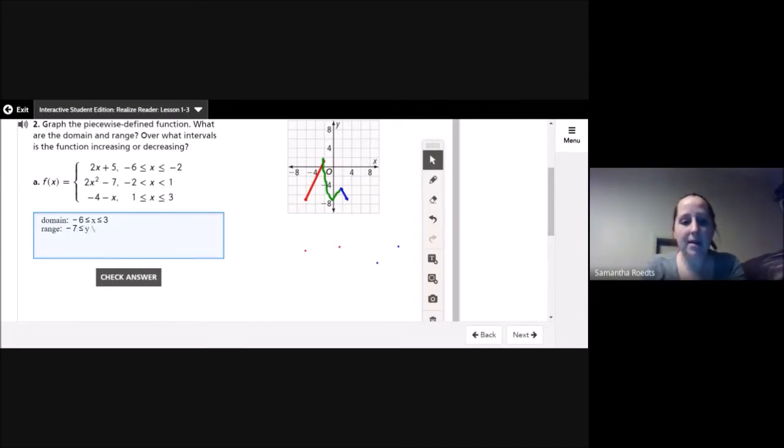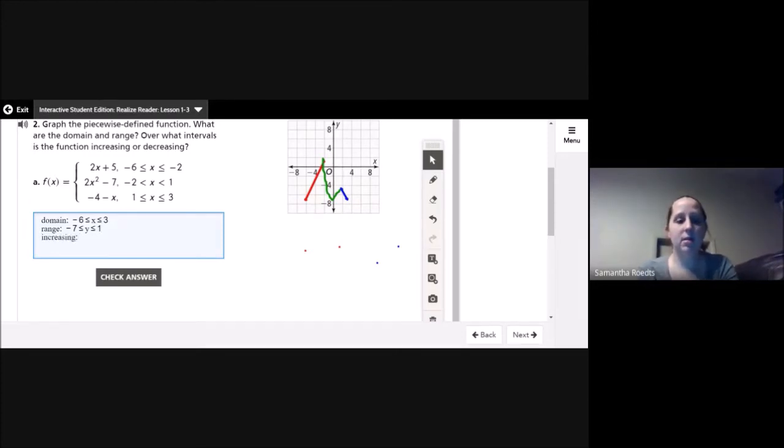And then my maximum is here at negative 2, it looks like, when x is negative 2. So negative 2 times 2 is negative 4. Negative 4 plus 5 is 1. Okay.